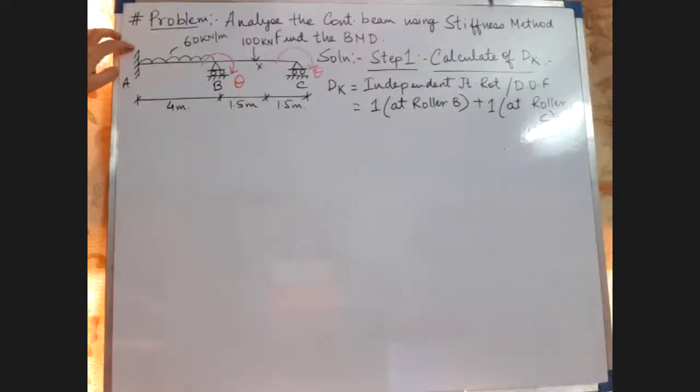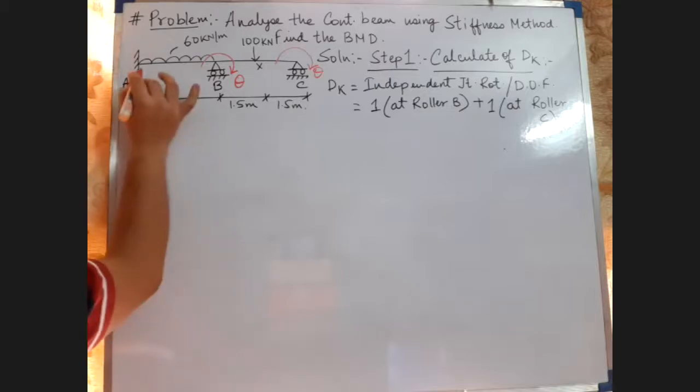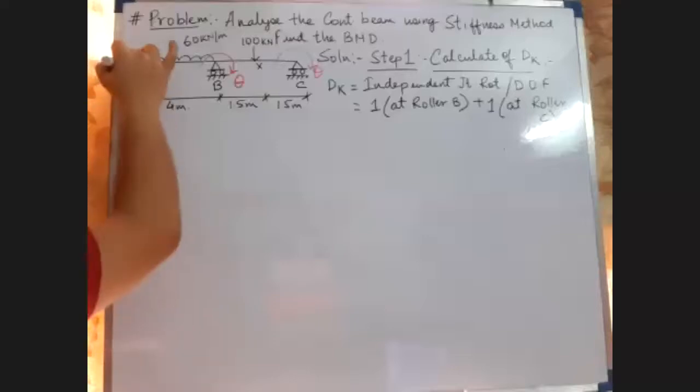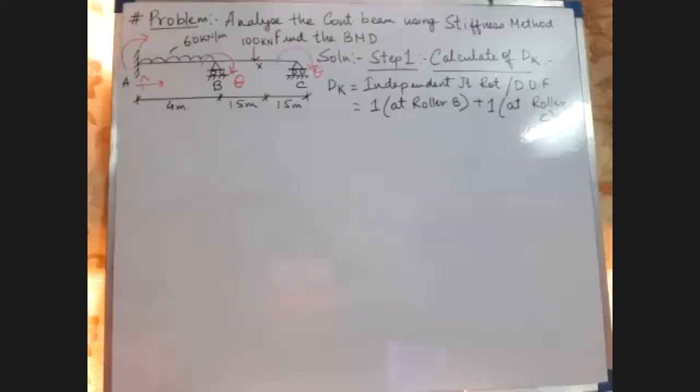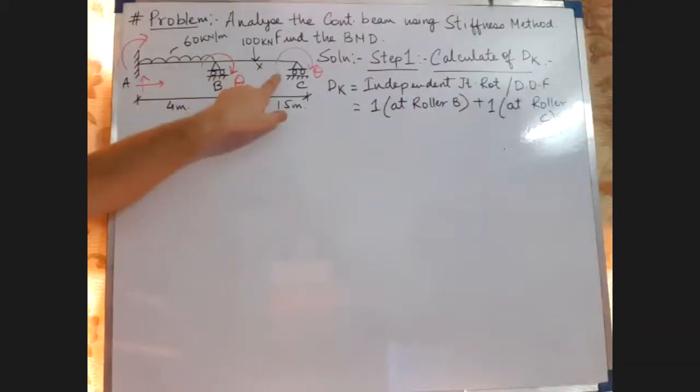That is why we have 3 unknowns: vertical reaction, axial force, and also the rotation. But at the roller support, we can have rotation. So one degree of freedom here, and another here, because it is a roller support.